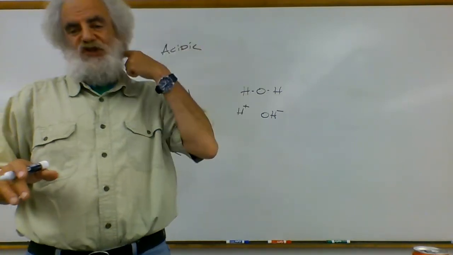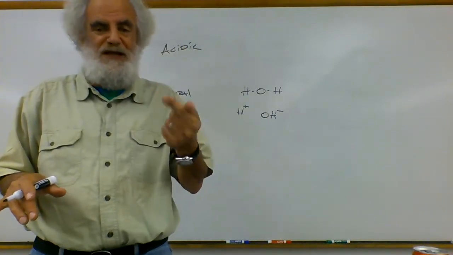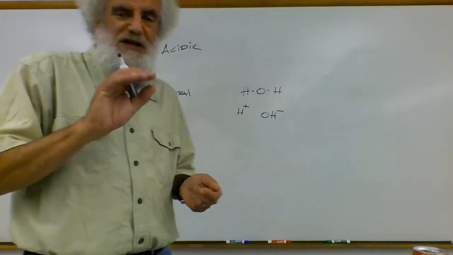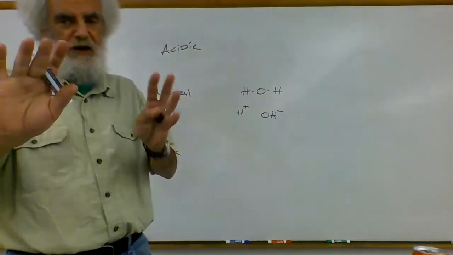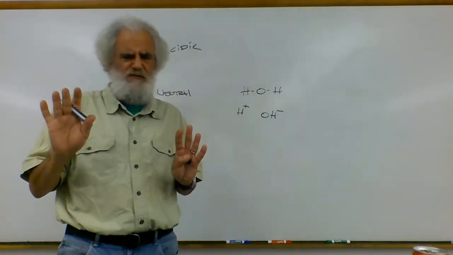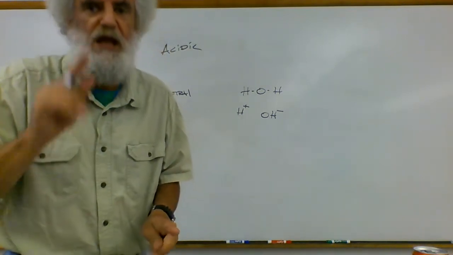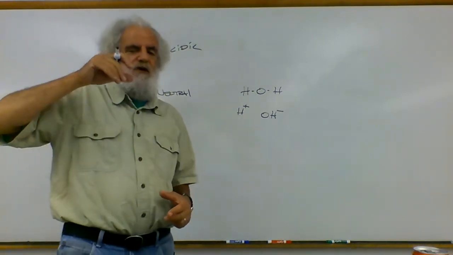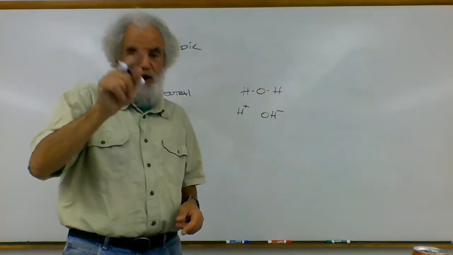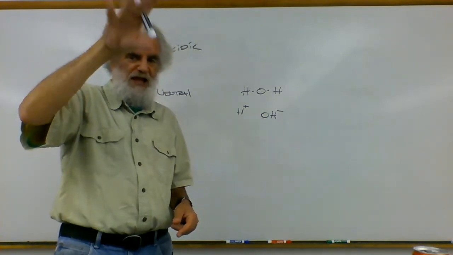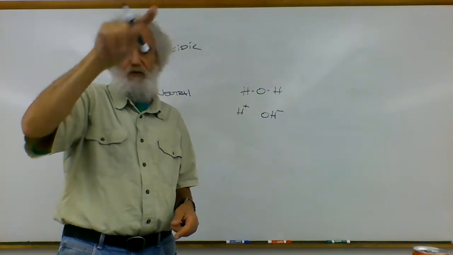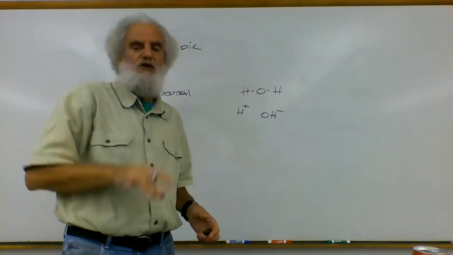Rather than saying 1 times 10 to the minus 7, we take something that's called a P function, which is the inverse log. And I know you're saying, wait, I was told there wasn't going to be advanced math. Don't worry about it. It's like this. The logarithm, like 1 times 10 to the minus 10, we're going to take that exponent, drop the sign or reverse the sign, and use that.